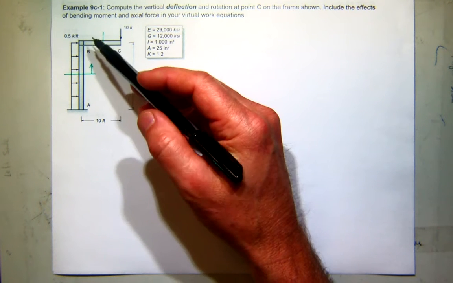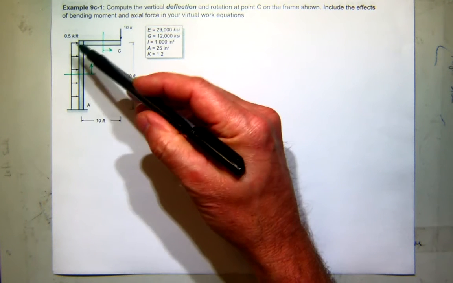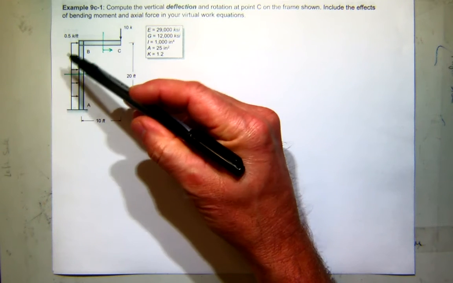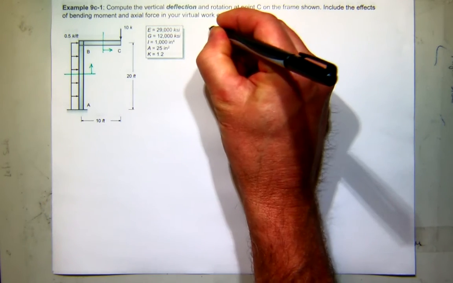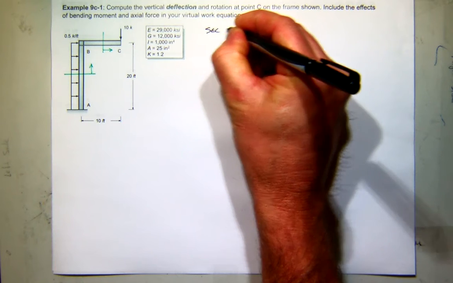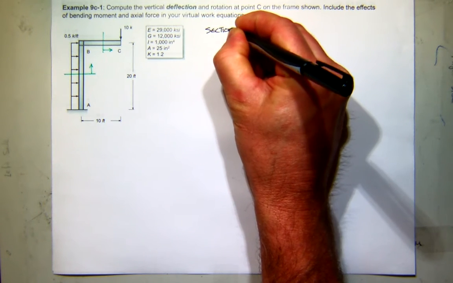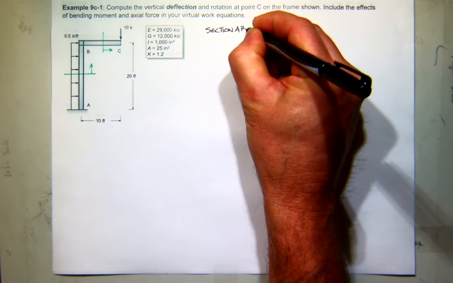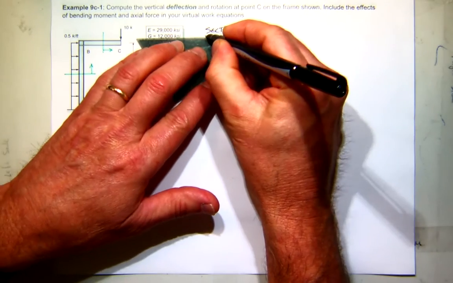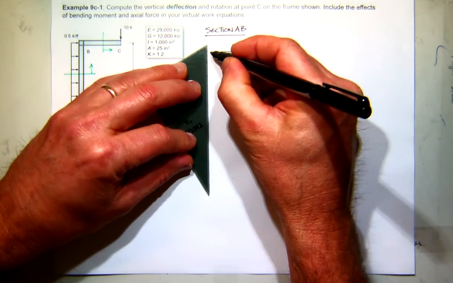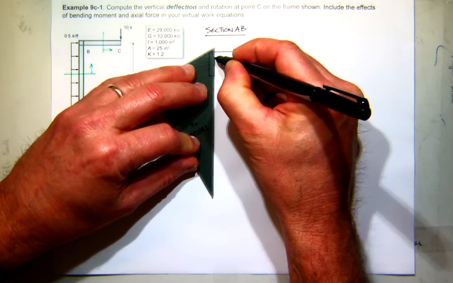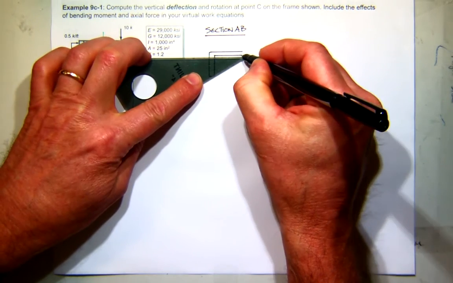Okay, so let's think about the moment and axial stuff here at what I call AB. So let's look at section AB as a starter. So I'm going to draw my free body diagram of that section. Something like this.